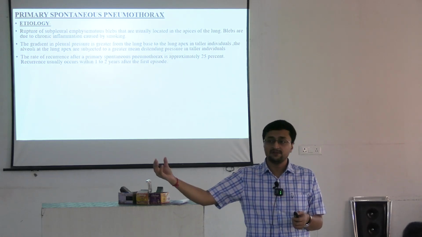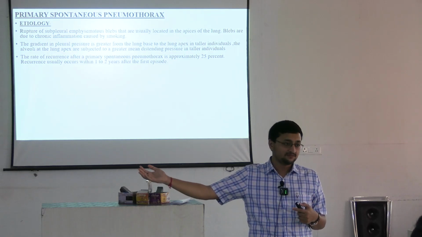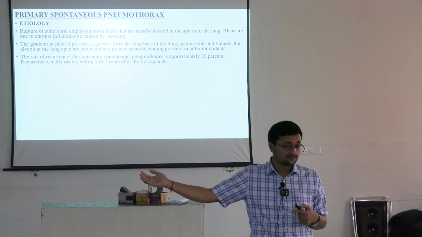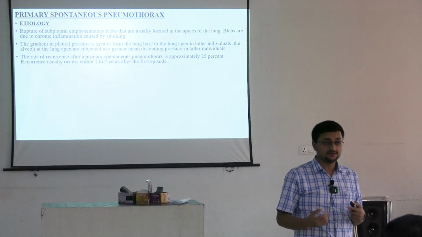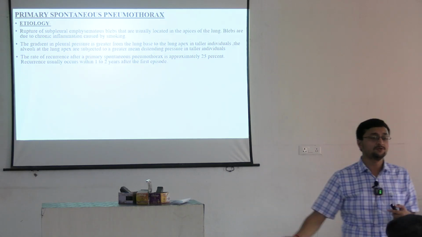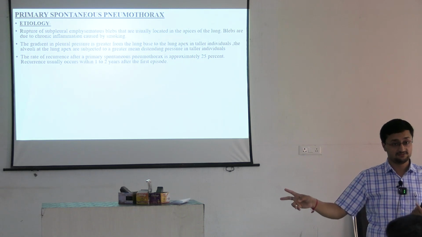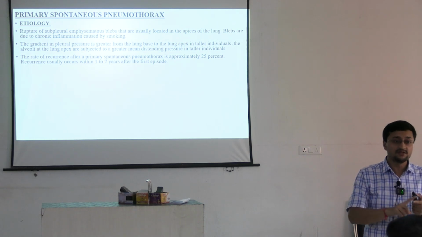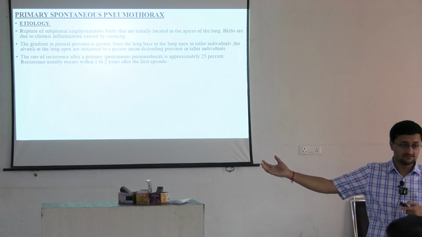There may be multiple blebs. Another one may rupture after one or 2 years, right? If the patient continues smoking, then there is another chance of pneumothorax at the same or the contralateral lung, because you never know that the bleb is not present at the contralateral lung, right?